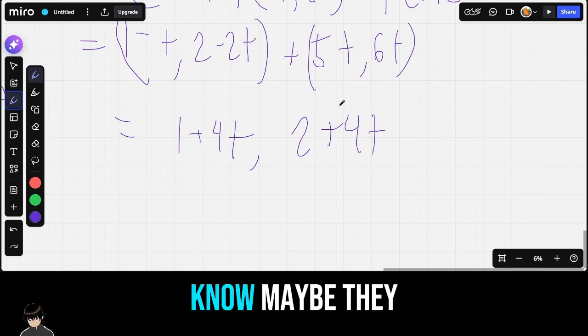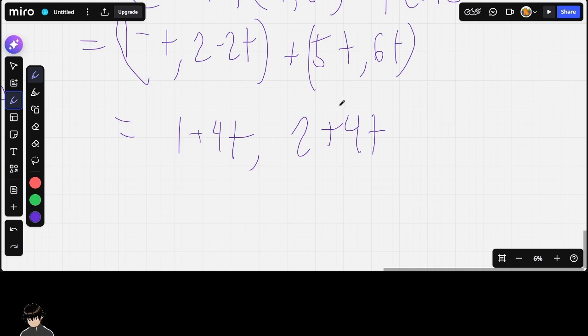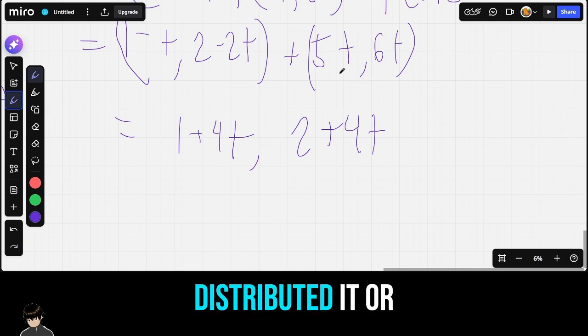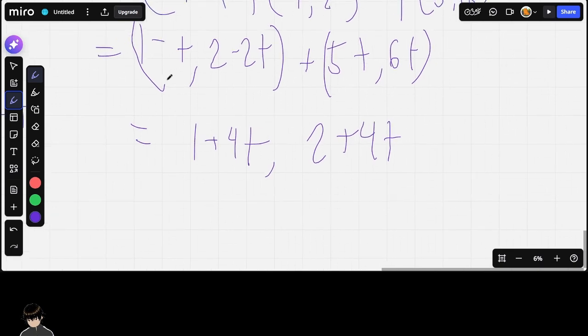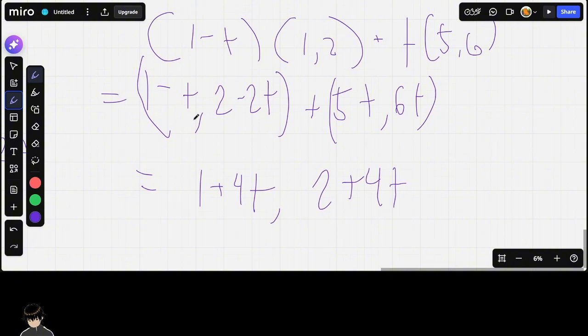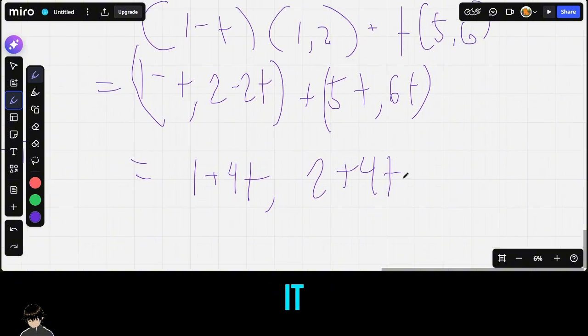I don't really know. Maybe they distributed it, something. Because this here's 2 plus 4.